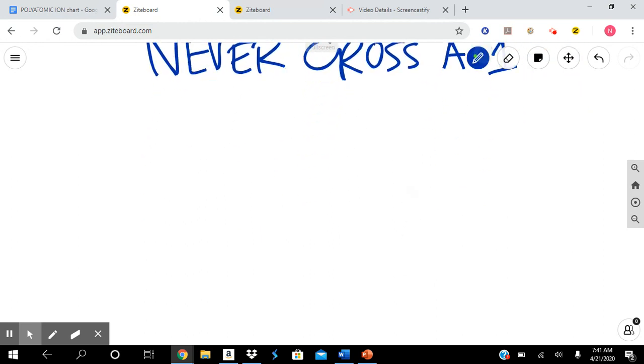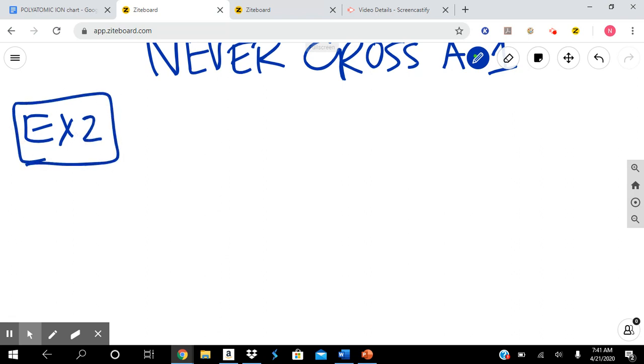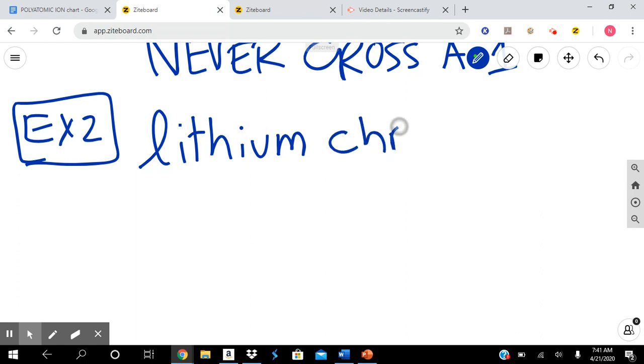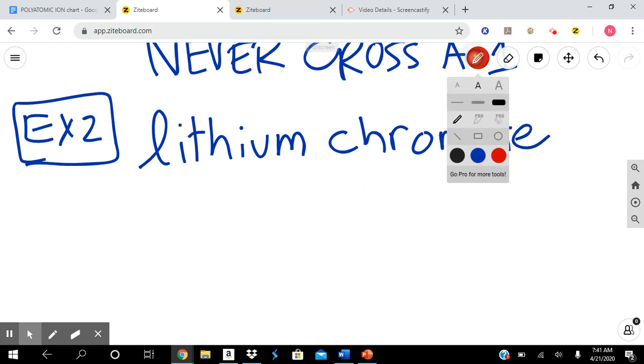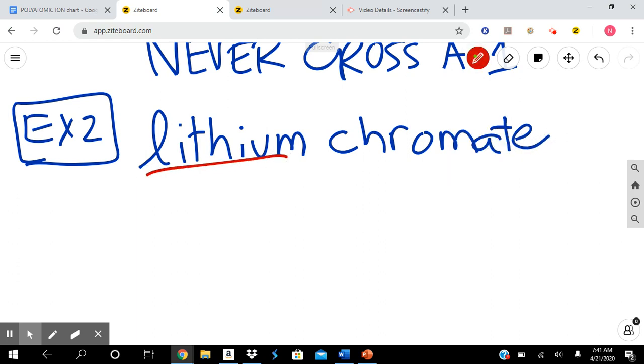Example 2. With example 2, let's do lithium chromate. Lithium chromate. All right, lithium is, what does it have? Lithium has 1.